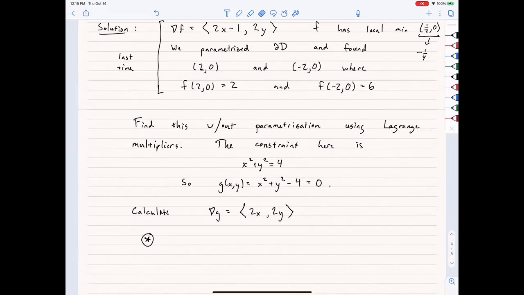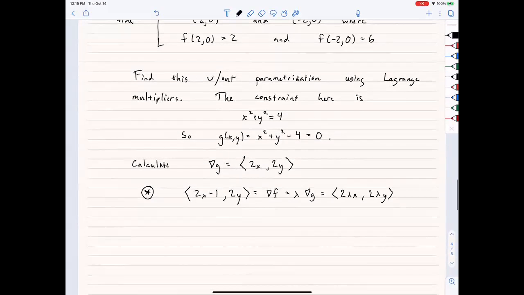Anyway, it is setting the gradient of f, which we calculated above, 2x minus 1, 2y, equal to lambda for some lambda times the gradient of g, which is just going to be 2 lambda x, 2 lambda y. So this is the equation we want to solve.